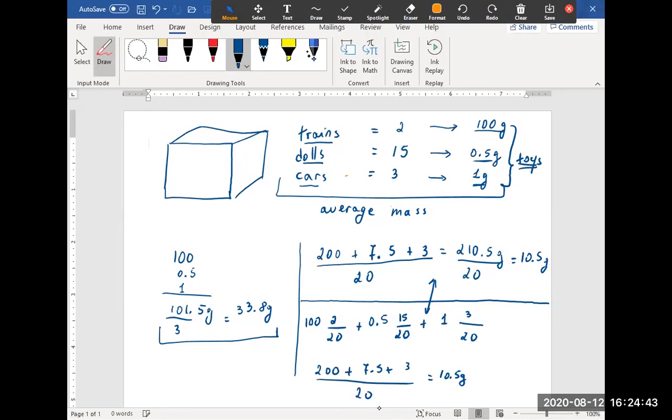Okay, so we cannot just add and divide by the number of different toys, but we got to consider the total weight of the particular category of the toys. Okay, and divide by the total amount of toys that we have, not the categories. Okay, so here we are just adding representative weights and we are dividing by the categories. We can't do that. Okay, we have to divide by the number of toys.